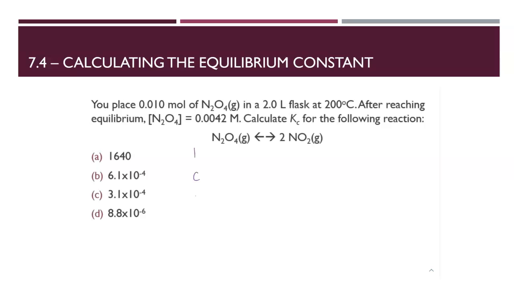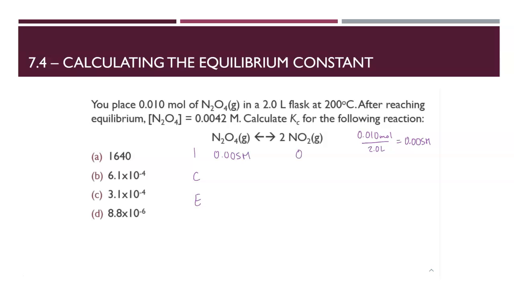So initial, change, equilibrium. Our initial concentration, we're given moles and volume. So our initial concentration is going to be 0.010 moles divided by 2 liters, which would be 0.005 molar. So that's our initial concentration of our reactant.